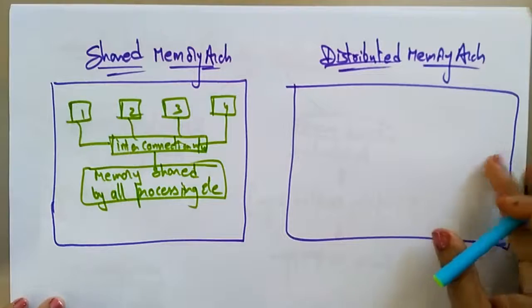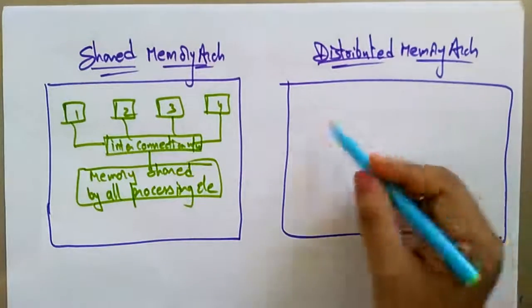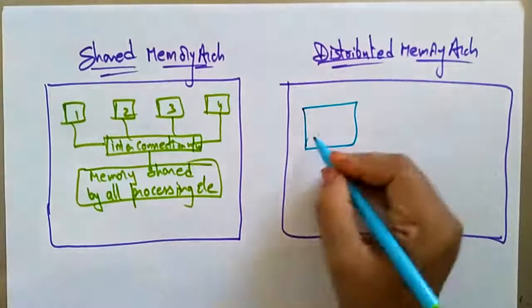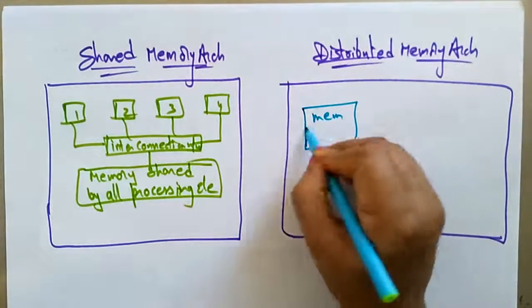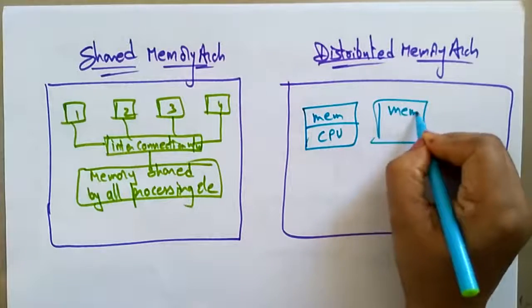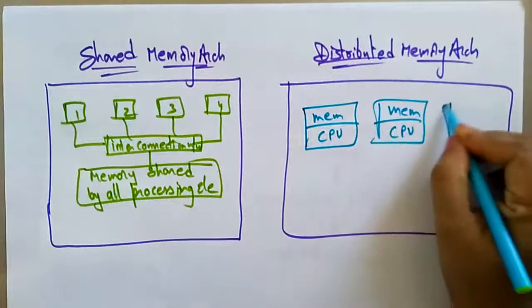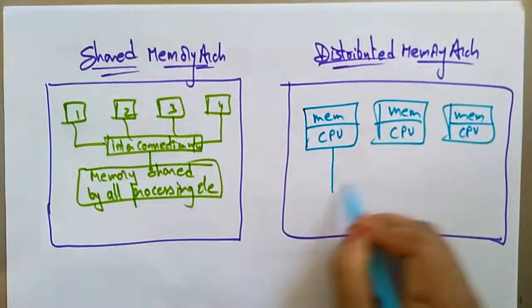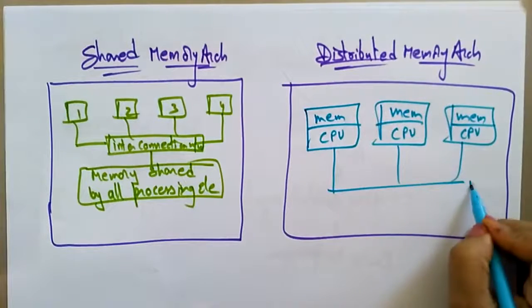Now let me explain the distributed memory concept. Distributed memory concept means each system has its own memory and CPU, and these are all connected in the network.